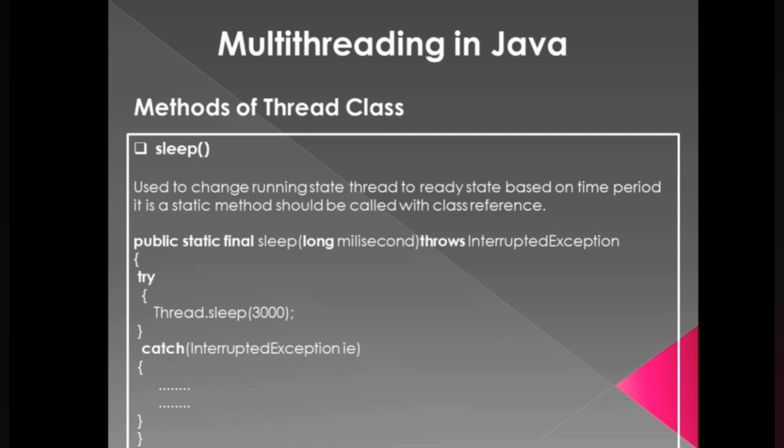After that we use a try and catch block. In the try block we use the statement Thread.sleep(3000), and in the catch block we have an InterruptedException type and its object, and then the statements in the catch block.